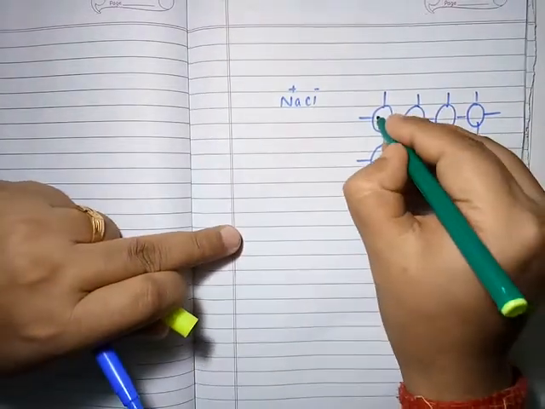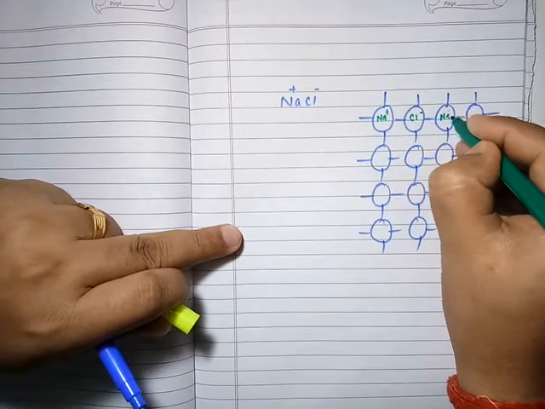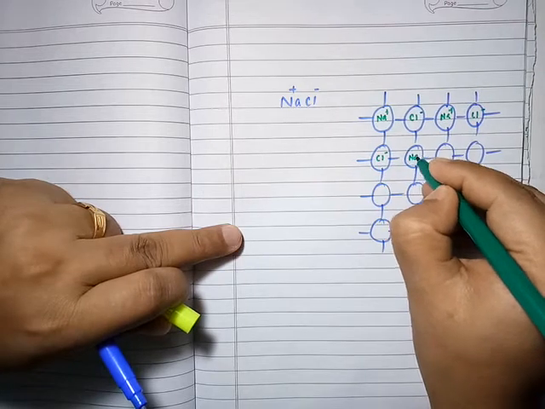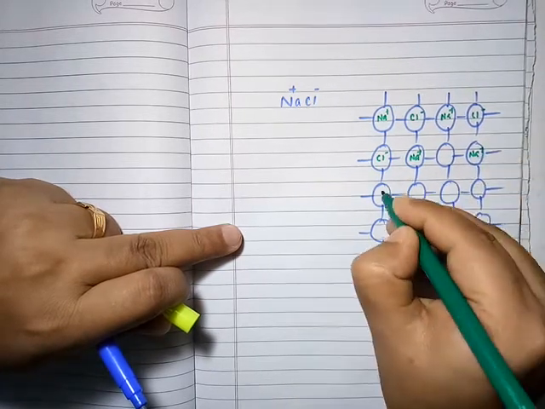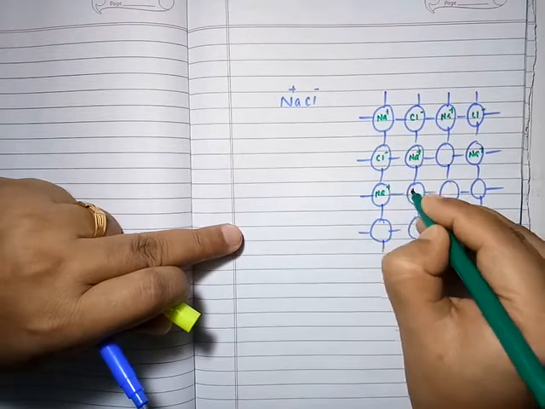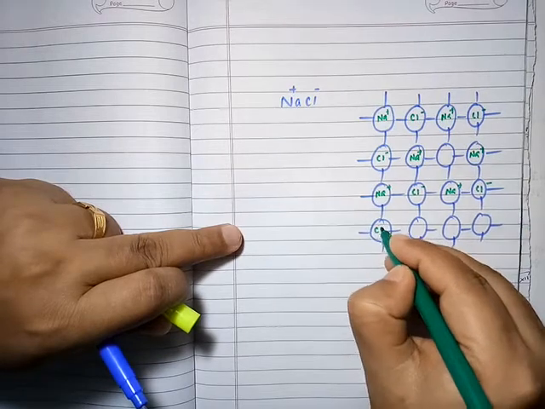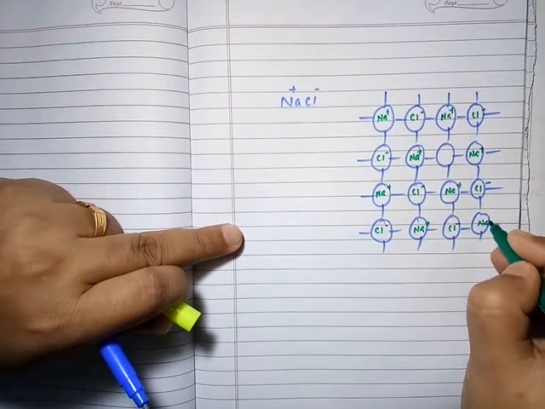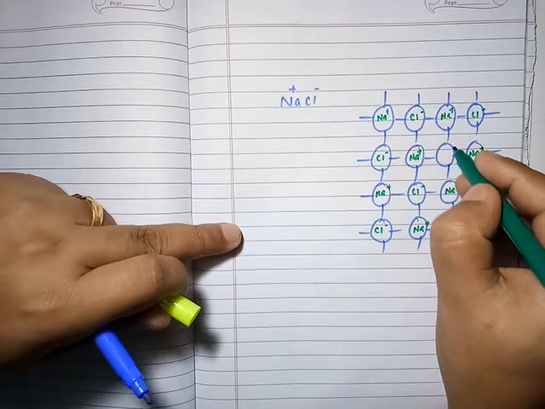So here I have Na plus ions, here I have Cl minus ions, Na plus, Cl minus, and so on alternating through the lattice. Now here we don't have Cl minus, this is the anion we can see.